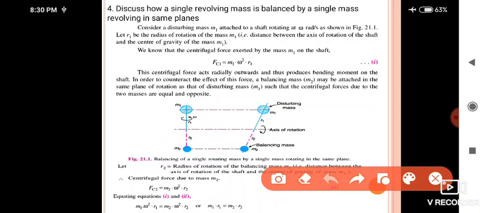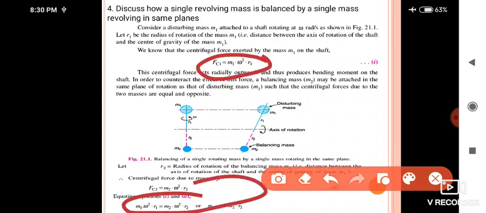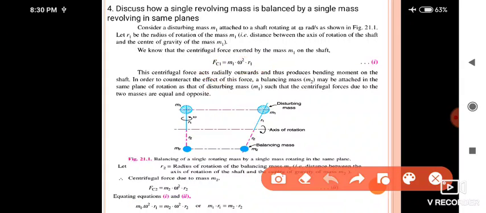You have to draw this diagram and write the equations like Fc1 and Fc2, the centrifugal forces 1 and 2, which indicate the final equation. Start with some explanation. Consider a disturbing mass m1 attached to the shaft.